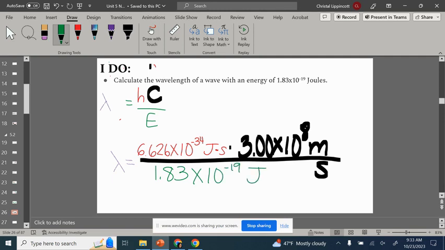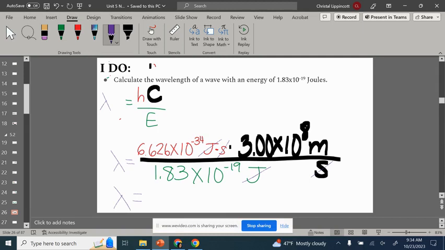And that's going to be joules. Joules will cancel. Seconds will cancel. And that's going to leave me with meters. I'm measuring wavelength, so that's good because length is measured in meters. So my wavelength then, when I do my math, and you want to make sure that your numbers are coming out right on your calculator, is 1.09 times 10 to the -6, and that is meters.